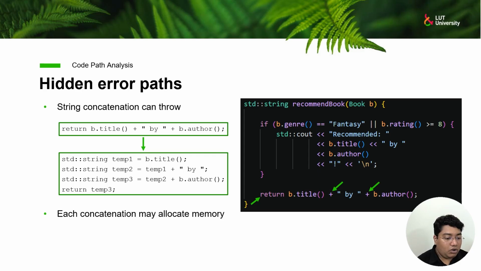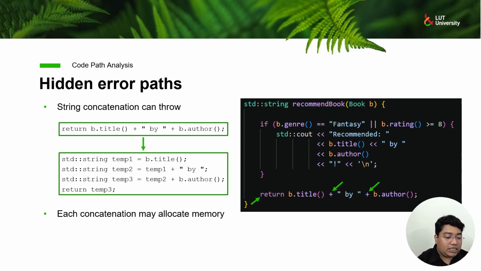Now let's look at the return statement. Behind the scenes, C++ breaks this into several separate operations. First, it gets the title, then it creates a temporary string, then it appends "by", then it retrieves the author, and then it creates another string containing the final result.